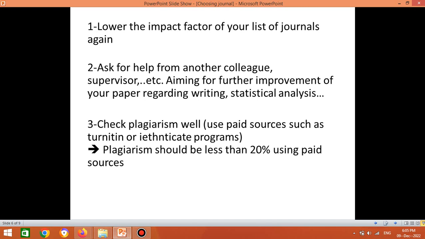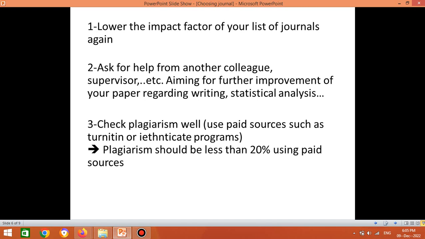to improve your article. The third issue, which is a common reason for desk rejection, which means a rejection from the editor, is plagiarism. You may check your plagiarism with open sources and get an originality of 100%.